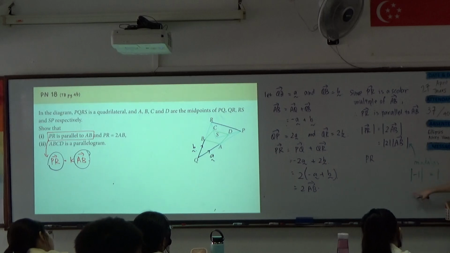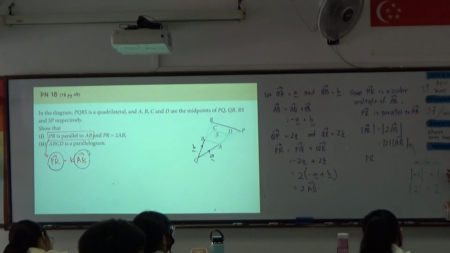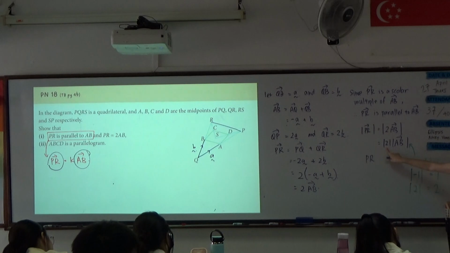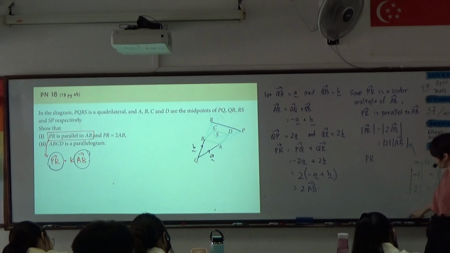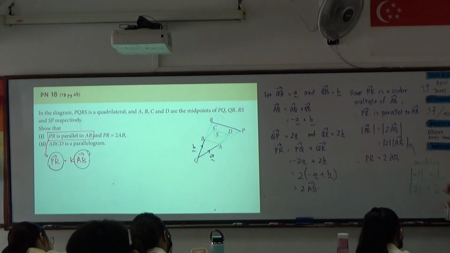Put strokes around it, and a negative number changes to a positive number. If you put it around a positive number, it will still remain positive. So if down here were a negative number, putting this sign will make it positive. But since it's already positive, it will remain positive. So therefore, we have shown that PR equals 2AB as well.